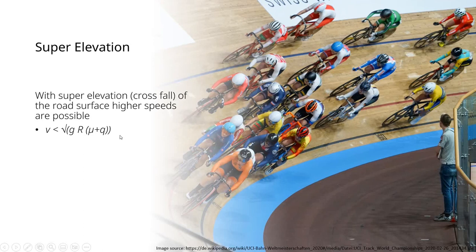And in this way, the geometry of the road is taking some of the centrifugal force and is leaving only a smaller part for the friction force, so the car does not roll over or slip off the road. The formula is just modified in this way: the incline, so if it's 5% incline, it's 0.05 here for the q, is added to the friction factor.